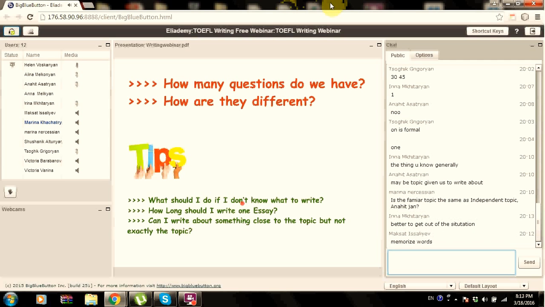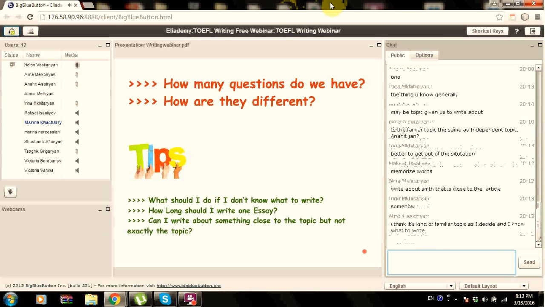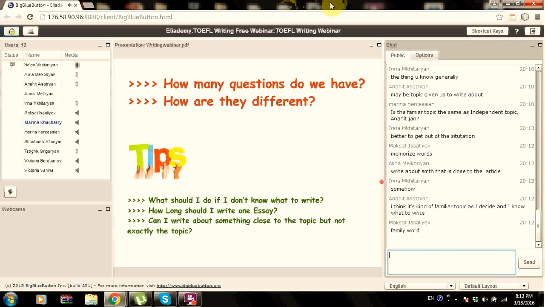No ideas. Memorize words better to get out of the situation. Write about something that is close to the article. I think it's a familiar topic, so I decide and I know what to write.